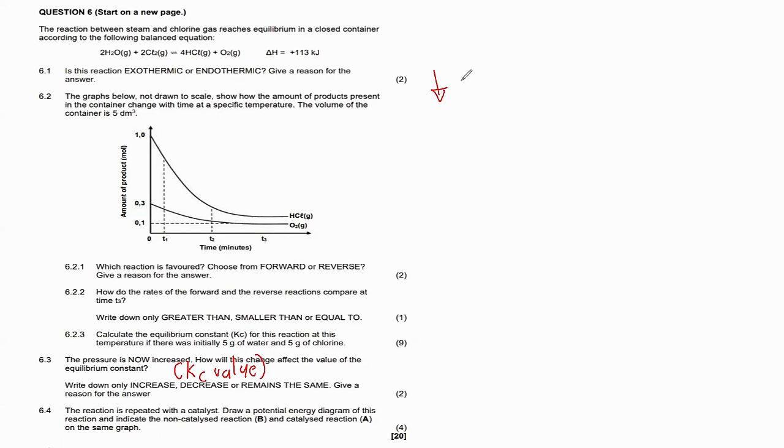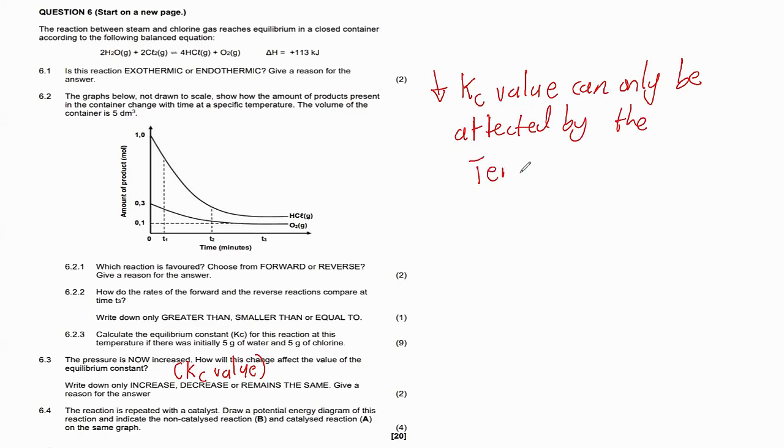Note, I made you note this, the Kc value can only be affected by the temperature. So whether you choose to increase the pressure, decrease the pressure, increase the concentration of one of those reactants, or increase the concentration of one of those products, it will not do anything to the Kc value, because the Kc value can only be affected by changing the temperature.